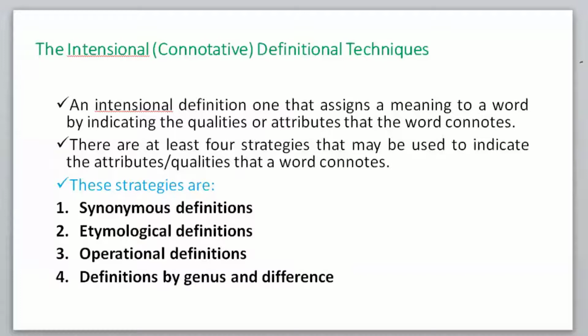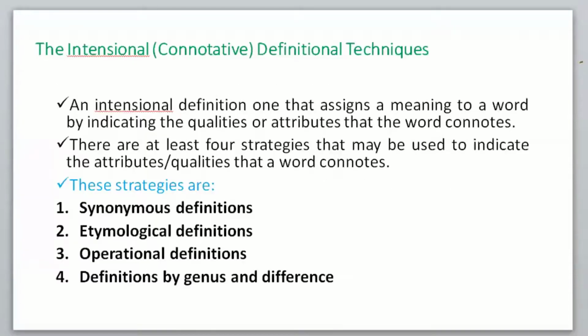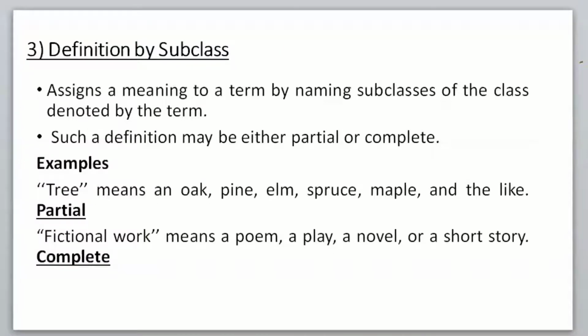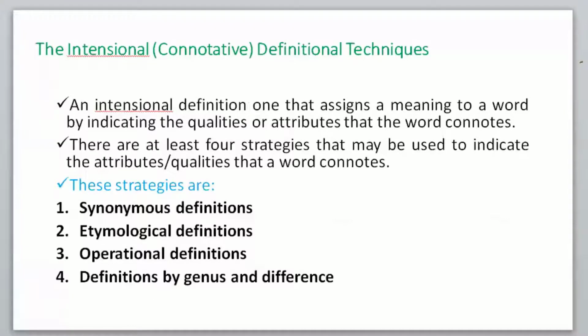We have seen the extensional or denotative definitional techniques: the three definitions through subclass, by naming individually, and also we have seen the ostensive definition. I think you are clear with these concepts. Now let's see the intentional definitional techniques.